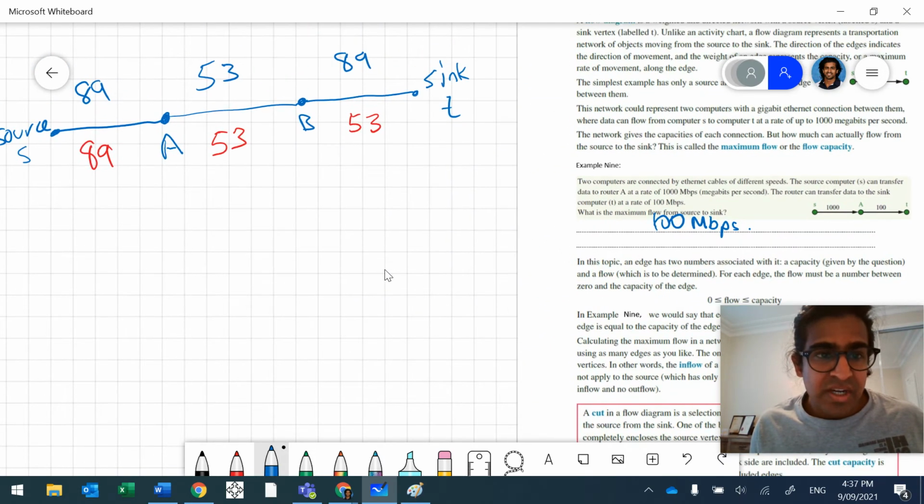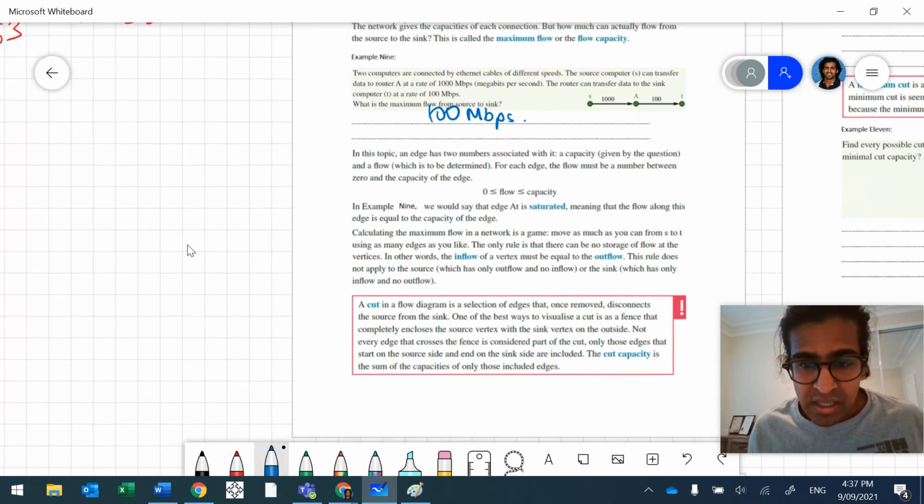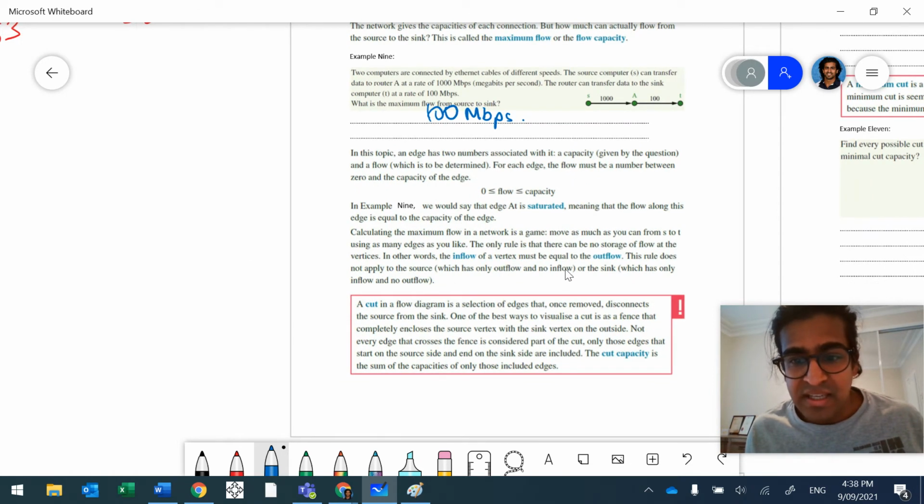And that's demonstrated by this fact. If these red numbers are all flows and these blue numbers are all capacities, we can see that the capacity is at least as big as the flow. We've got some more terms here that we'll look at in a separate lesson.